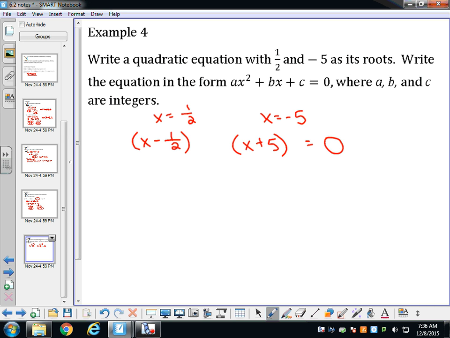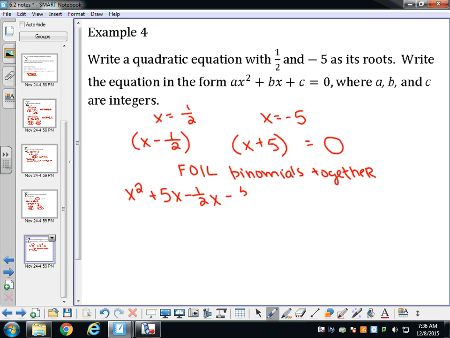Now all I'm going to do is FOIL my binomials together. So I end up with x squared plus 5x minus 1/2 x minus 5/2.